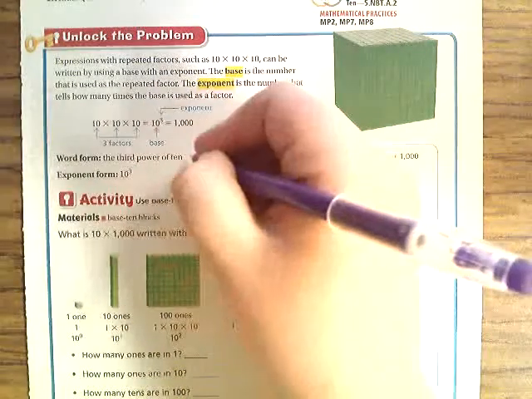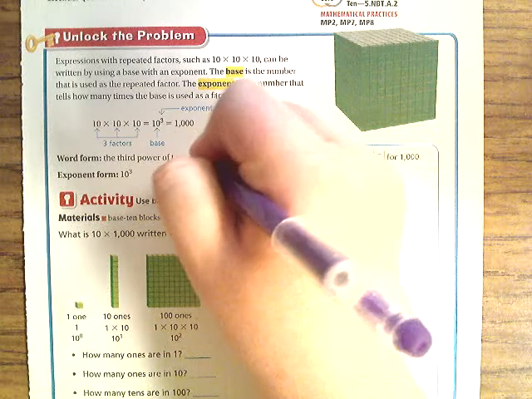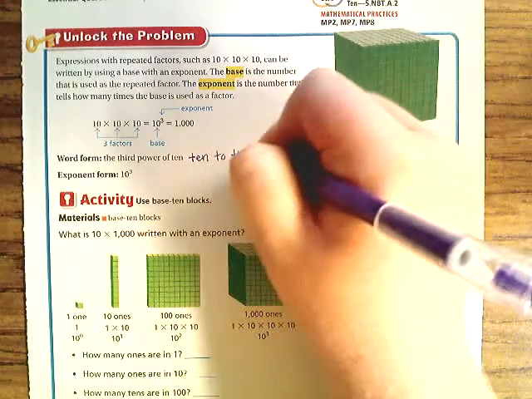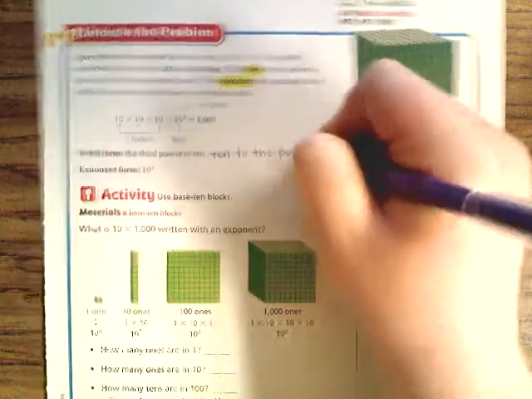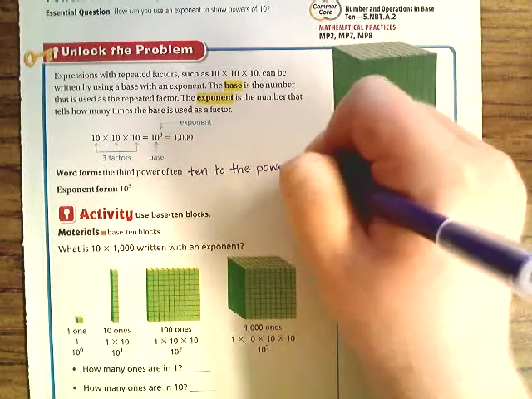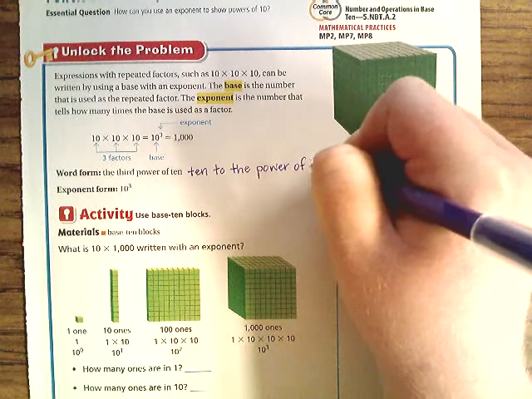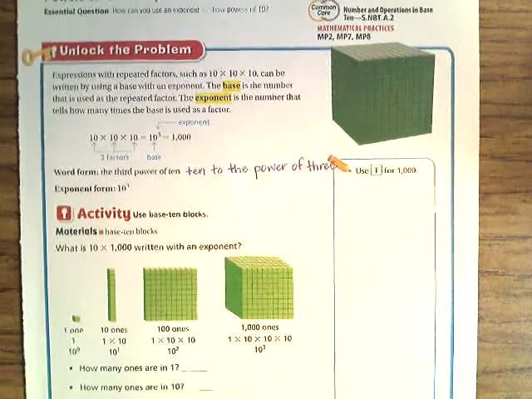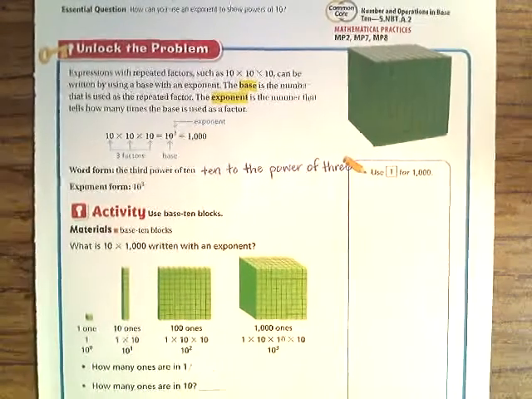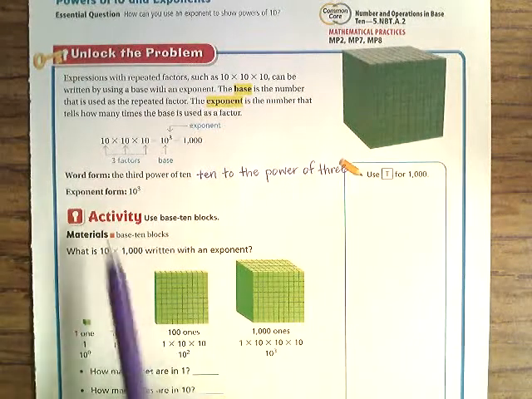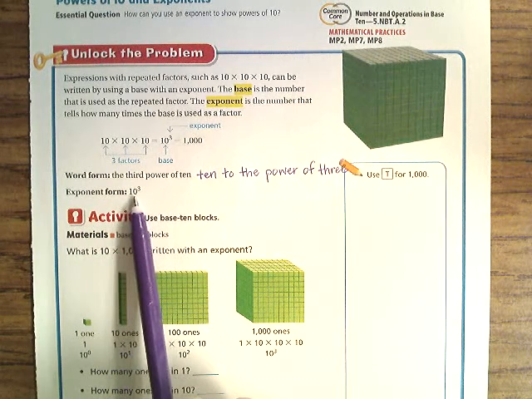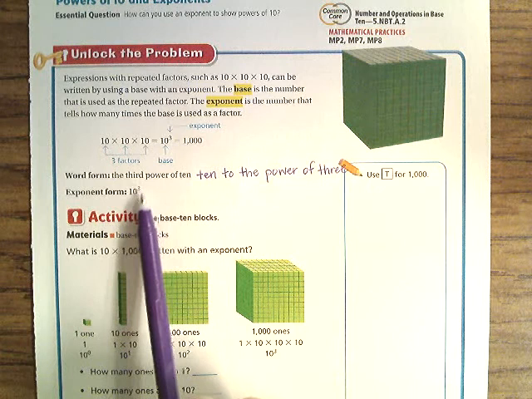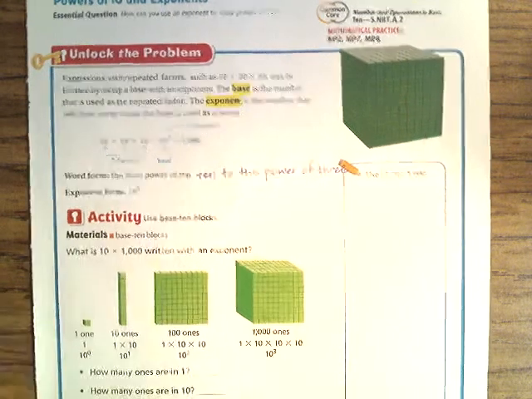So next to word form, we're going to write 10 to the power of 3, okay? And that's the word form. That's how you would say it as if it was coming right out of your mouth, okay? I'm going to zoom in just a tiny bit here so we can see, okay? And then, of course, the exponent form is our base, which is 10, and a little tiny, I like to call it a little tiny baby 3 up here because there's 3 of them, okay?